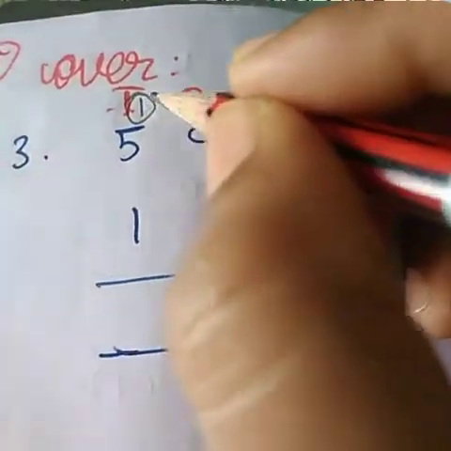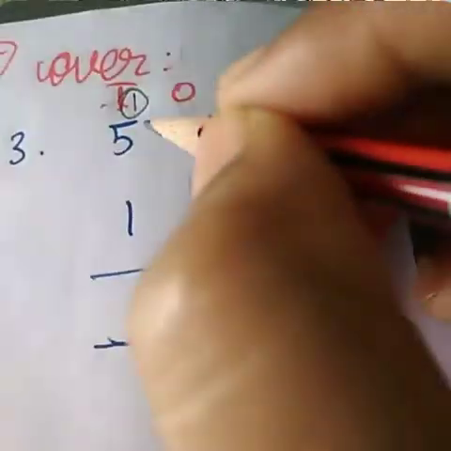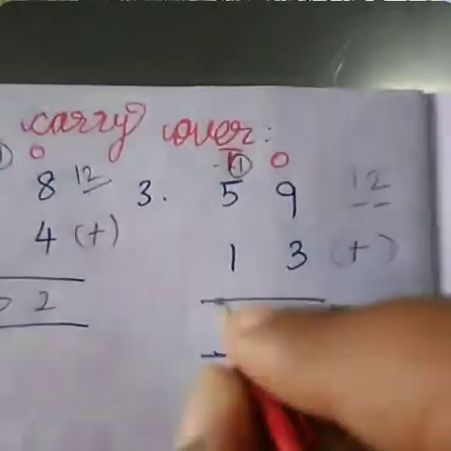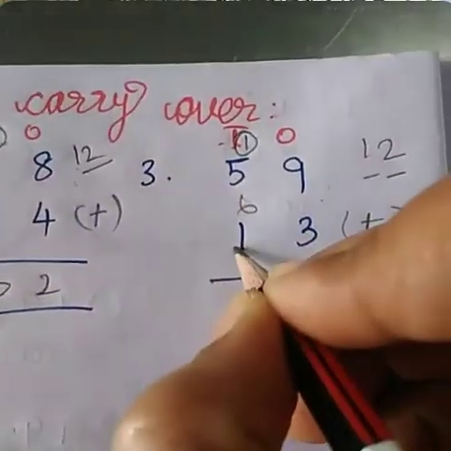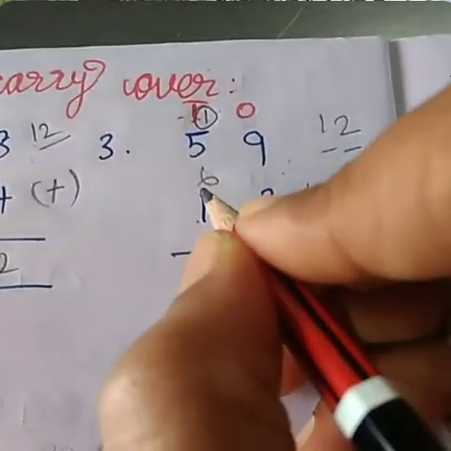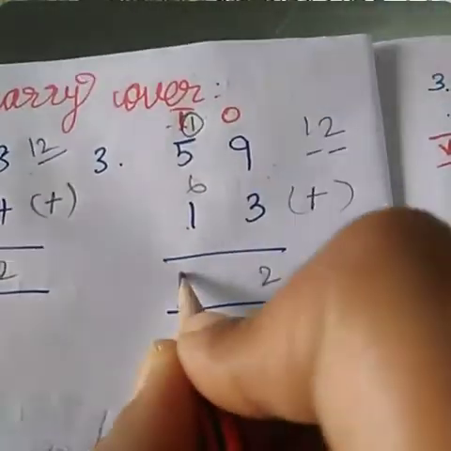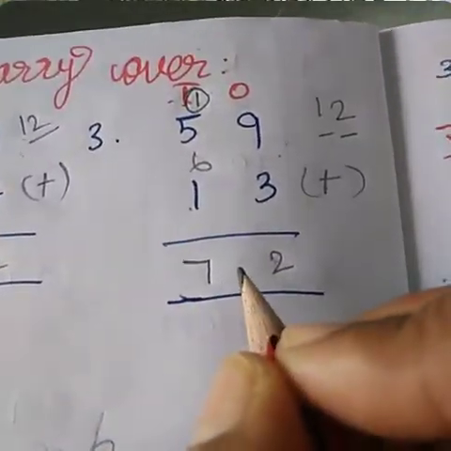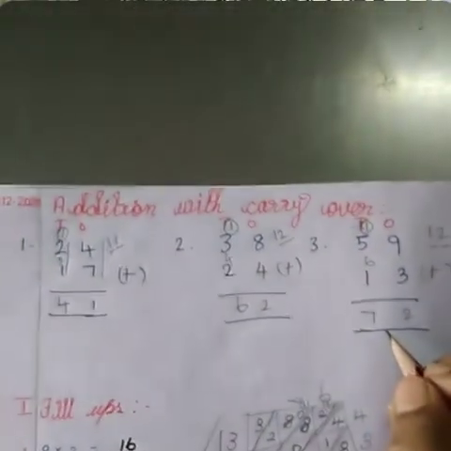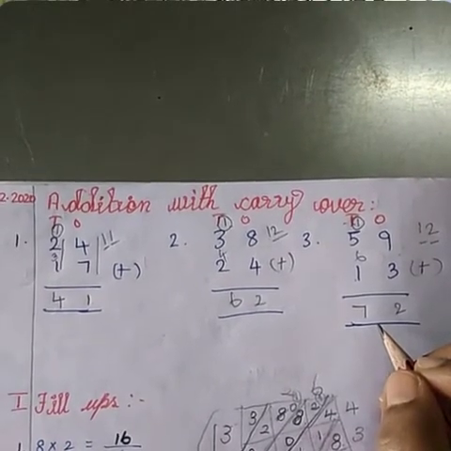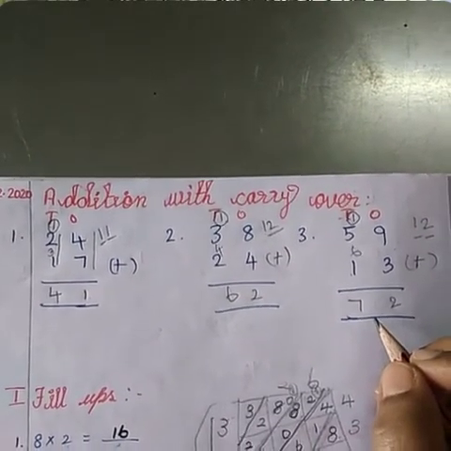First add the carry over and the first number: 1 in the mind, 5 on the finger, 1 after 2, 3, 4, 5, 6. Put 6 in the middle of these two numbers. Then add 6 in the mind, 1 on the finger, 6 after 7, so 7. This is called the total. The total is the answer. This is the carry over sum. It is very important, and it is also very easy. I hope all are clear about carry over sums with addition.